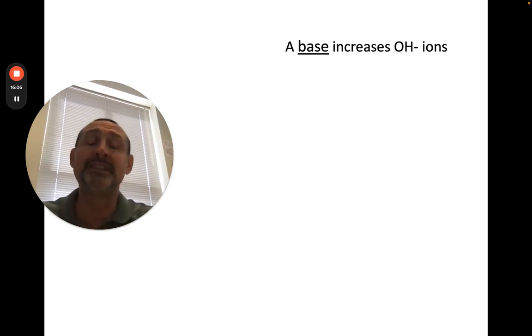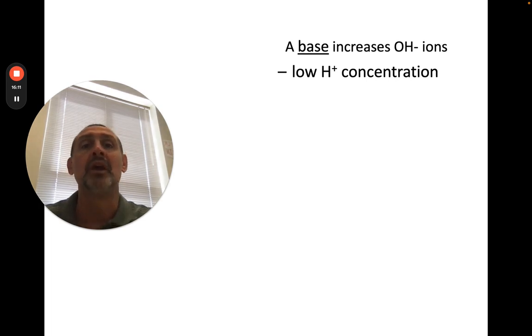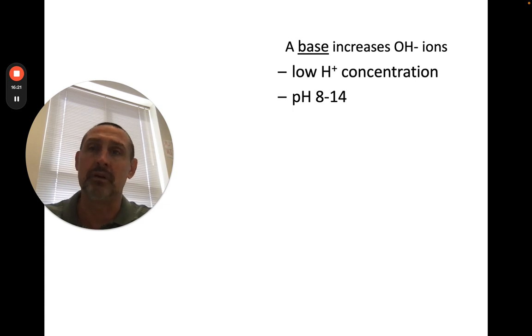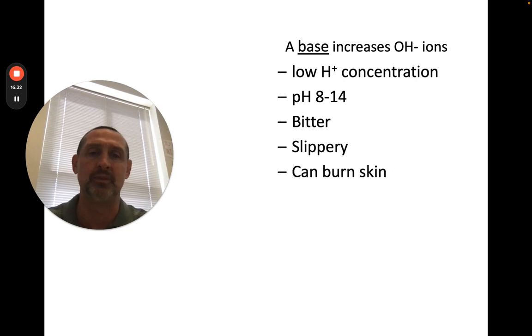A base is different because a base increases OH ions, still an electrolyte, but has a very low hydrogen concentration because the hydrogens are joined up with an oxygen, but they still are ions. Bases are measured on the pH scale from 8 to 14. A 14 is a very strong base, like oven cleaner, and they kind of taste bitter, and they're slippery like soap.